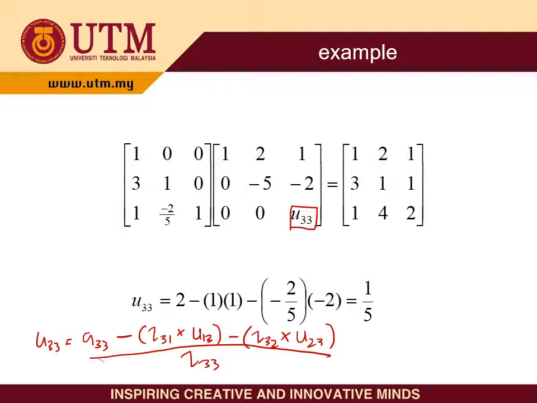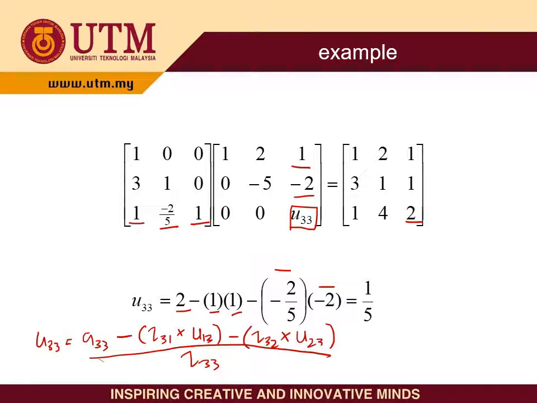A33 is 2, L31 is 1, U13 is 1, and then L32 is 2 over 5, and U23 is -2, divided by L33, which is 1.